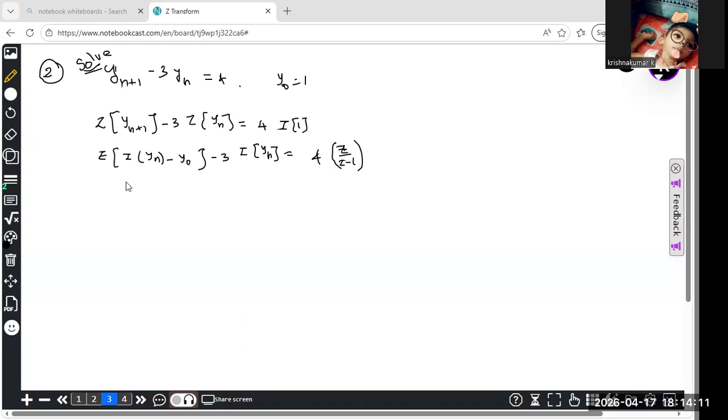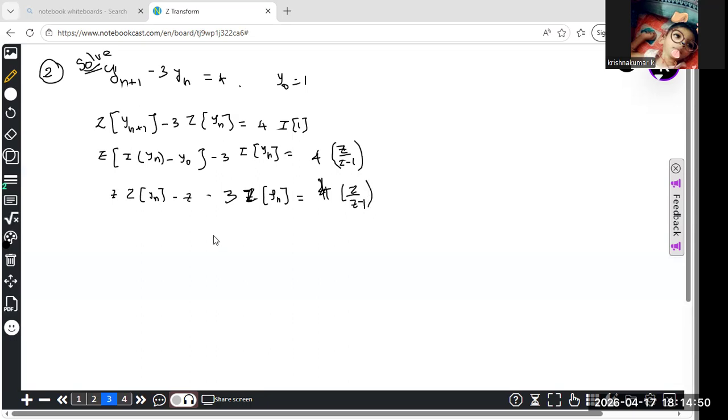So therefore if you multiply this, you can get z into capital Z transform of y(n) minus z, minus 3 times Z transform of y(n), is equal to 4 into z by z minus 1.